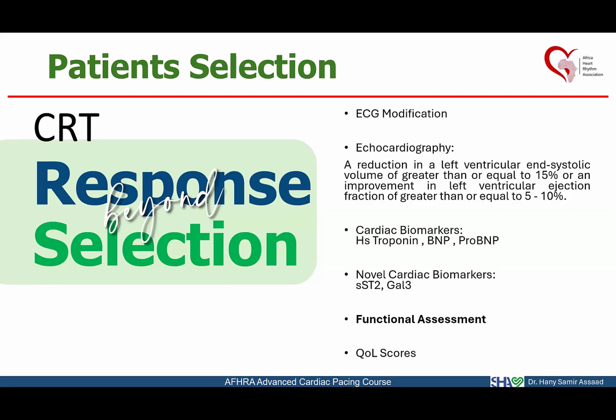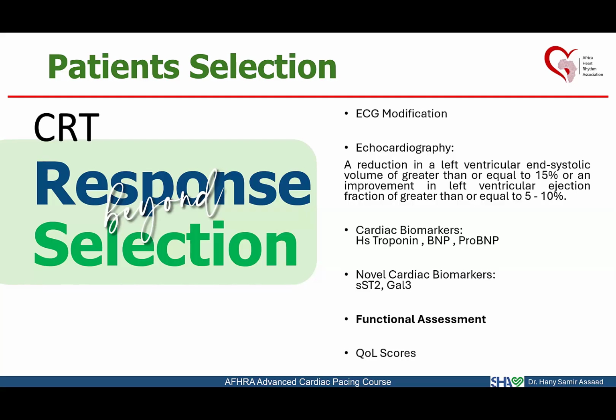But in broad terms, we are looking for ECG modification in order to evaluate the response to CRT. We are looking at echocardiographic parameters, like a reduction in the left ventricular end systolic volume of greater than or equal to 15%, or an improvement in the left ventricular ejection fraction of greater than 5 to 10%.